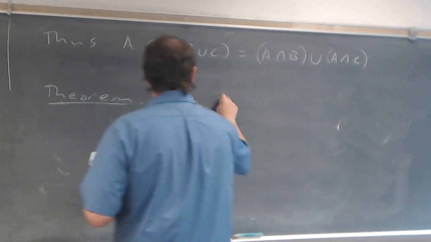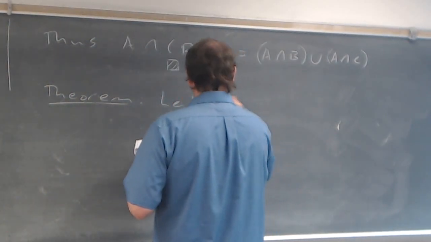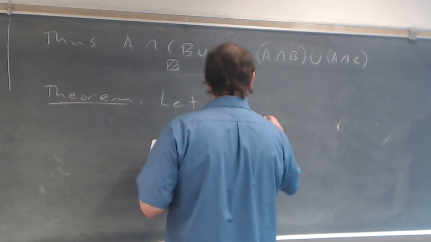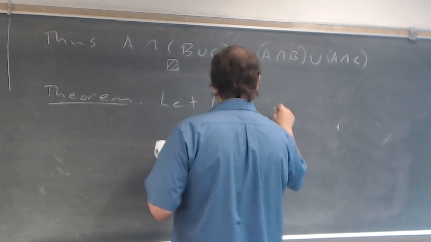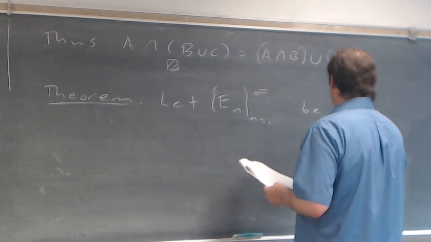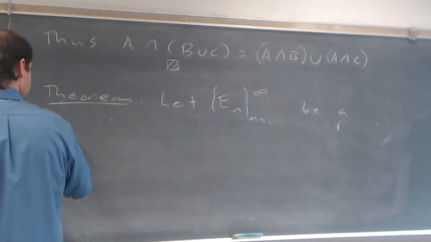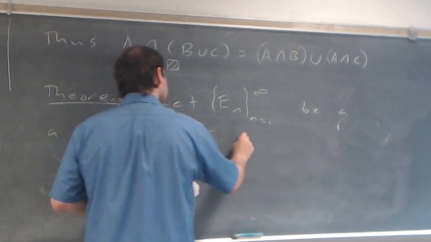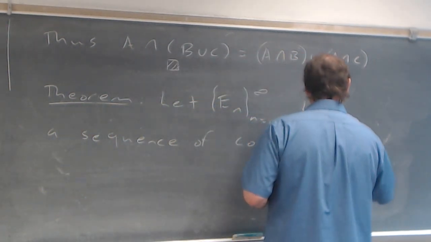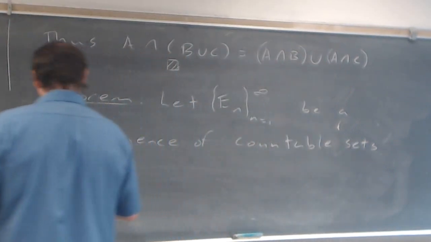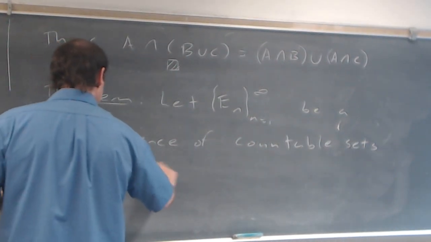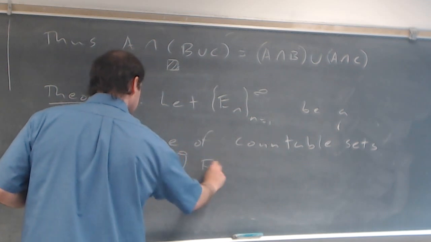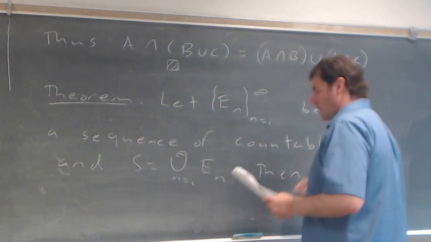It says, let E sub n, where n runs from 1 to infinity, be a sequence of countable sets, and S equal to their union. Then S is countable.